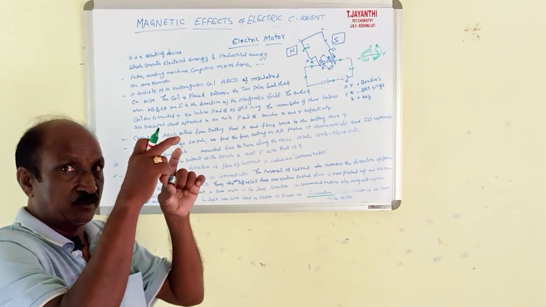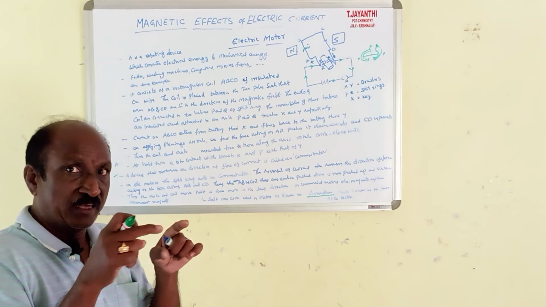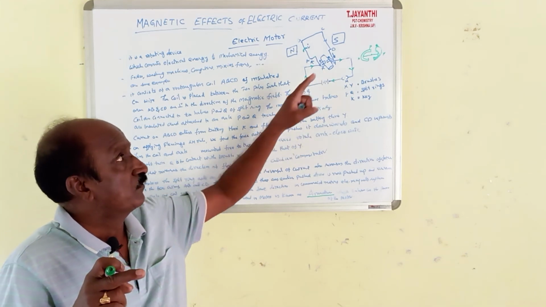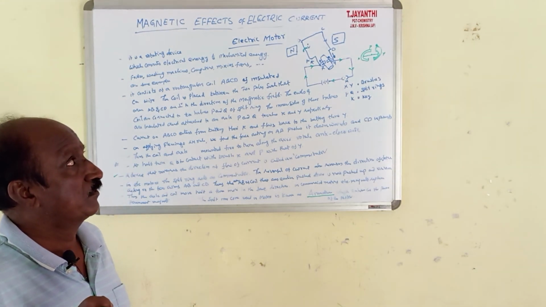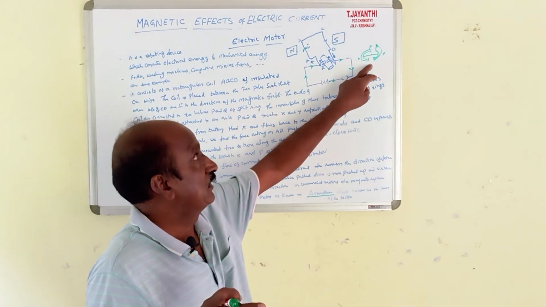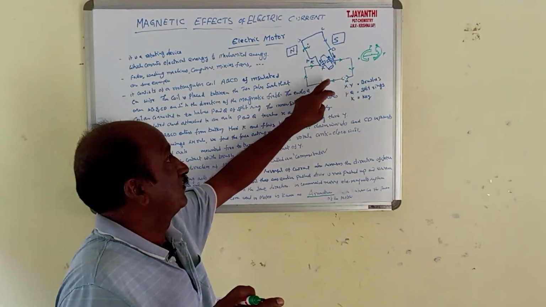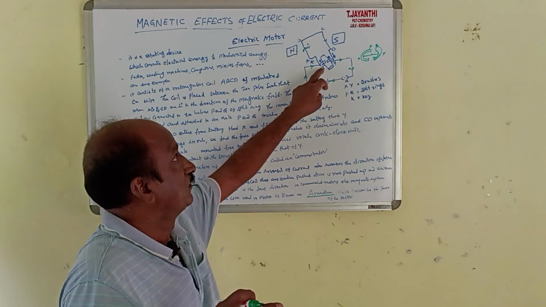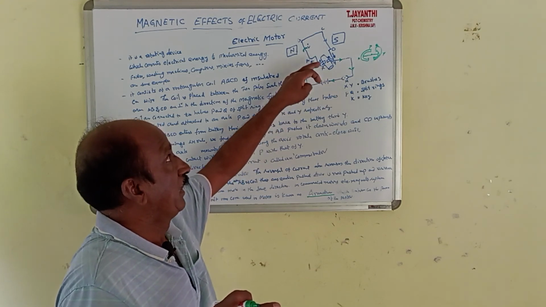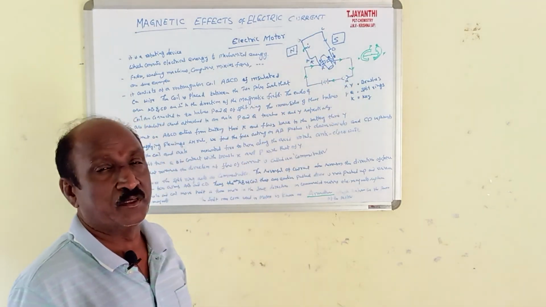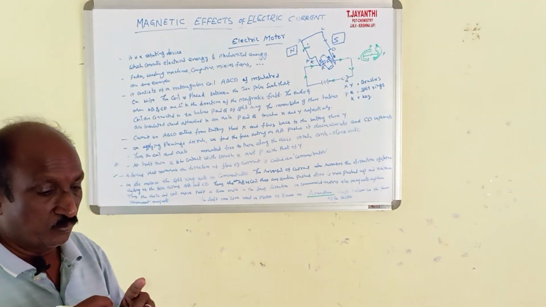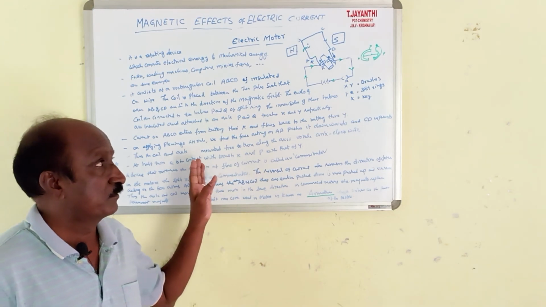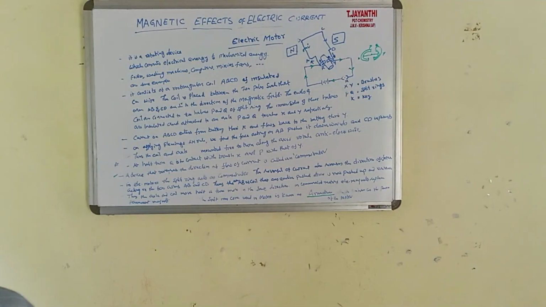The wire ABCD is connected to this device, and the battery serves our purpose of supplying current to the coil, and the circuit gets completed. If you refer to your textbook once again, you will automatically know the meaning of what I have presented here.